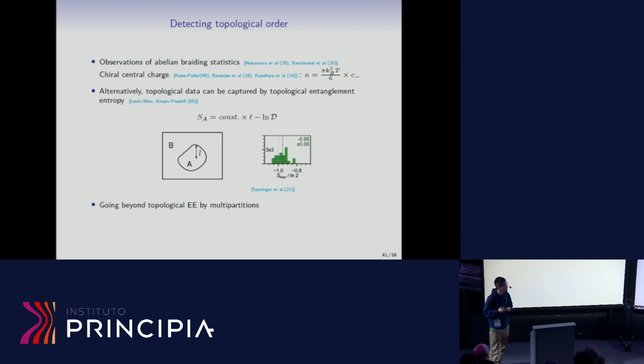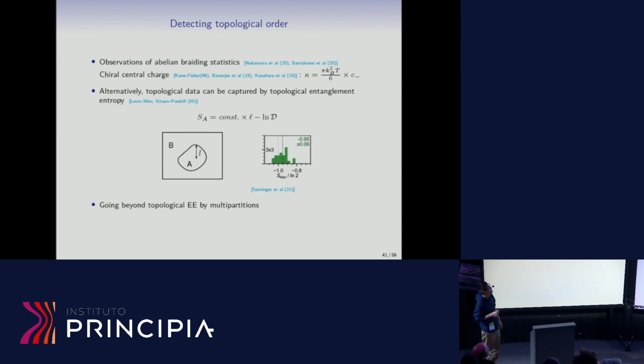It's related to the total quantum dimension. We heard about quantum dimensions yesterday, and this is the sum over all quantum dimensions of anyons in this space. This has been used in quantum devices to diagnose topological order.